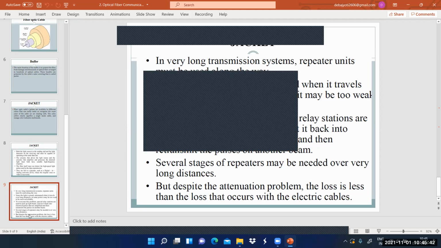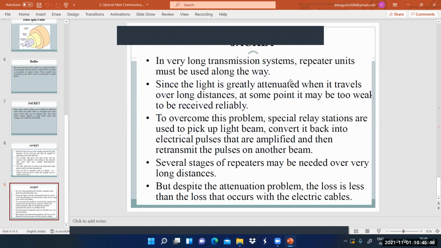And one thing: for this optical fiber communication system, mainly there is attenuation problem or attenuation loss, but the other losses are very less compared to other communication systems.